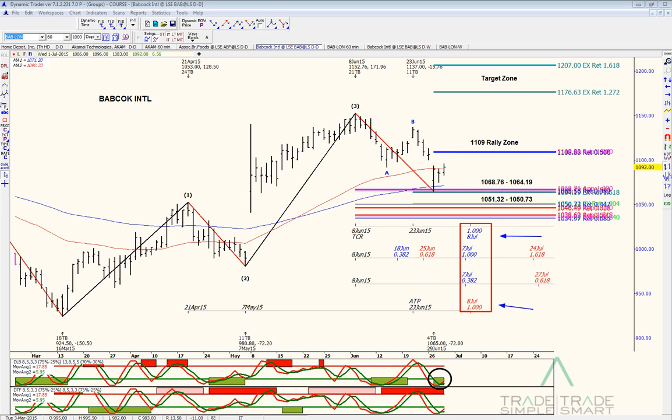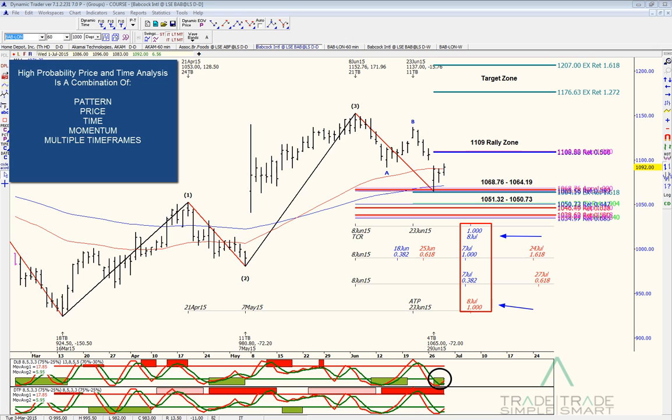So we have the combination of pattern being the ABCD pattern. We have price, which is our Fibonacci cluster zone at 1068.76 to 64. We then have time, where we have the 7th to the 8th of July, and we have the momentum of the market, which is currently oversold and crossing to the upside.